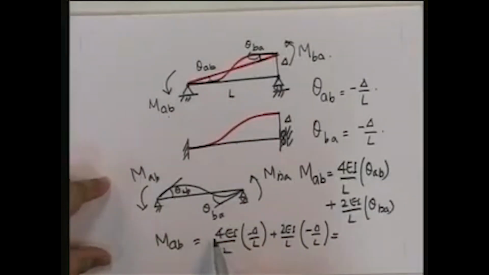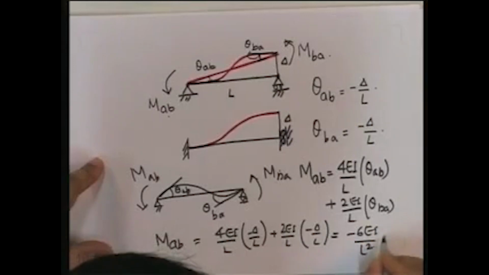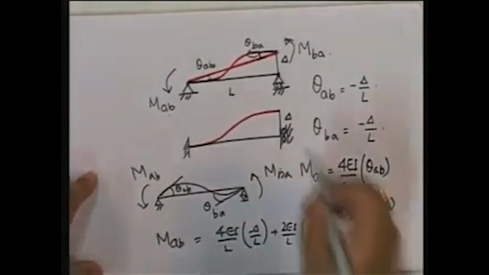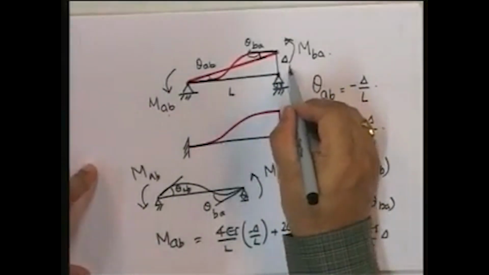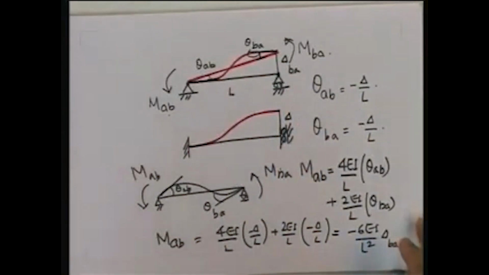You will see that this will become minus 4 EI upon L squared delta, minus 2 EI upon L squared delta, and this becomes minus 6 EI upon L squared delta. Okay. And by definition, what is the delta? I have defined this as delta BA. So this is going to be delta BA. Okay. So I've got MAB in terms of it, and similarly you can get MBA.